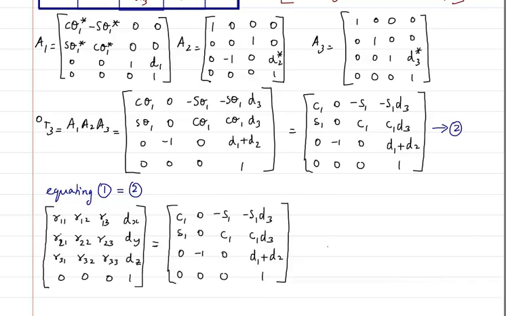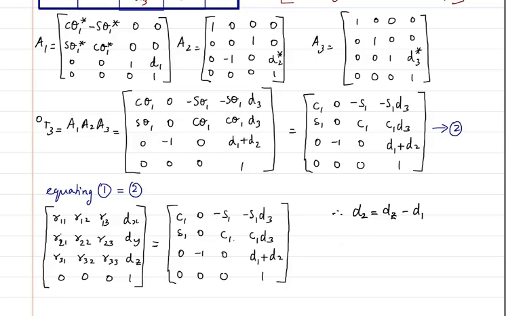So when we equate, from here we can directly see that I can obtain d2. So what is d2? dz. So d2 plus d1 is equal to dz. So I can write d2 is equal to dz minus d1. Okay, so we have found out d2.